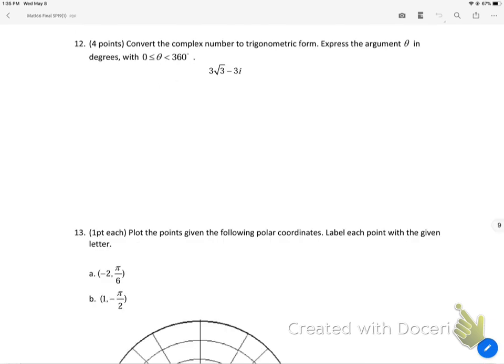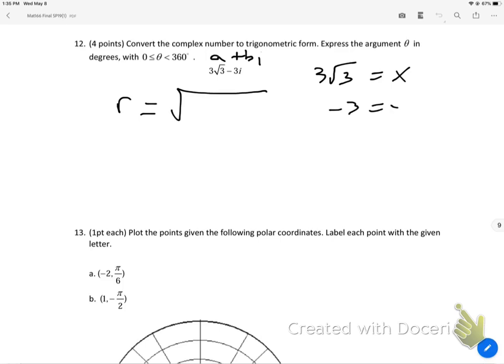Okay, let's take a look at this. Convert the complex number to trig form. Again, this is not too bad. The actual math is easier than it looks. We're going to find the radius r. Like earlier, r is the square root. You can think of this as a plus bi, with 3 root 3 as the x and negative 3 as the y.